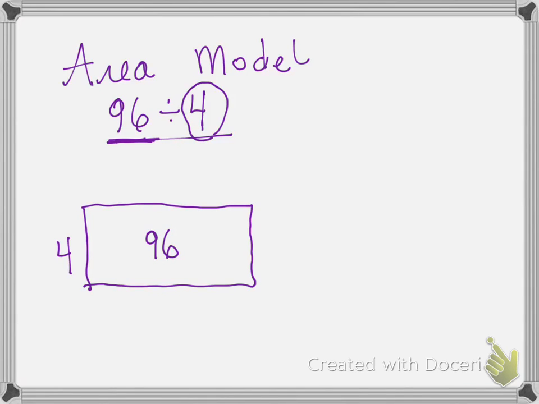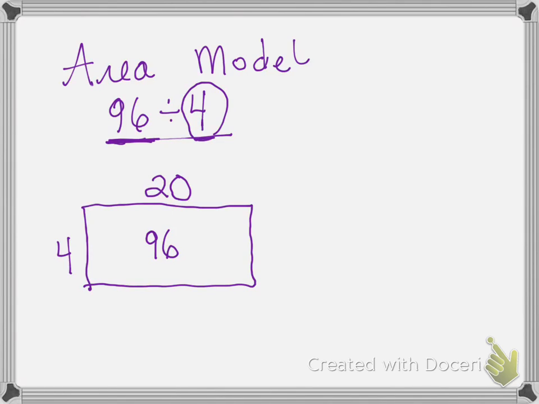So now I need to figure out what my length is. Now if I look at the 9 and I have the 4 here, what could I multiply by 4 to get me closer to that 9? That's actually not a 9, it's a 90. And 4 goes into 9 twice, but because it's a 90, we would put a 20. So that makes sense. 20 times 4 is 80. We are close to 96.